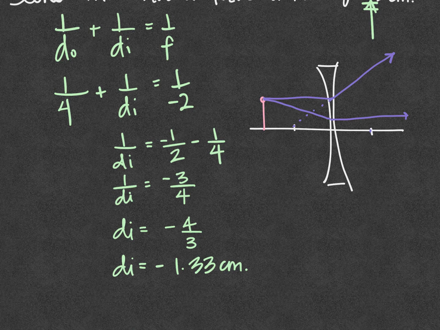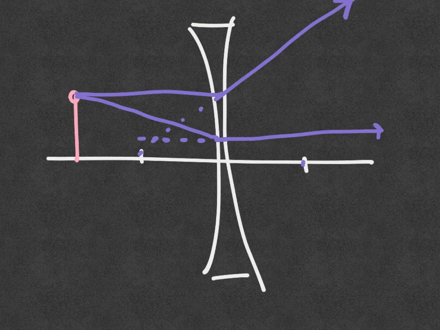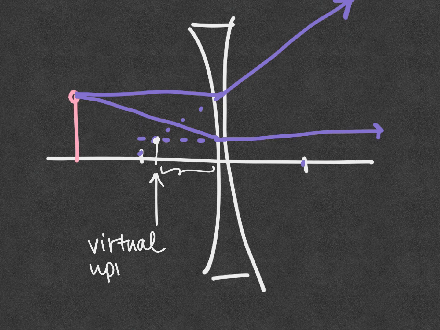And so this ray appears to be coming from back here. So if we zoom way in, our image would be formed here. And it is virtual, it's upright, it has a negative image position, and it's reduced. It will always be reduced. This lens is a lot like a convex mirror in the sense that it always produces a virtual, upright, reduced image.